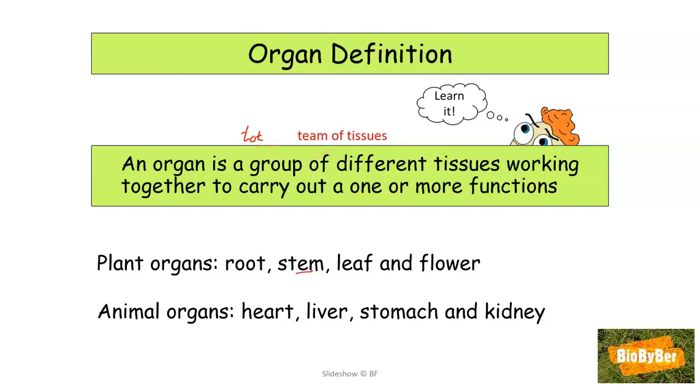Roots, stems, leaves, and flowers are all examples of plant organs. This question has been asked on occasion, so check out some previous videos for detailed information on the structure of roots and stems and leaves, etc. Your heart, liver, stomach, and kidney are all examples of animal organs.